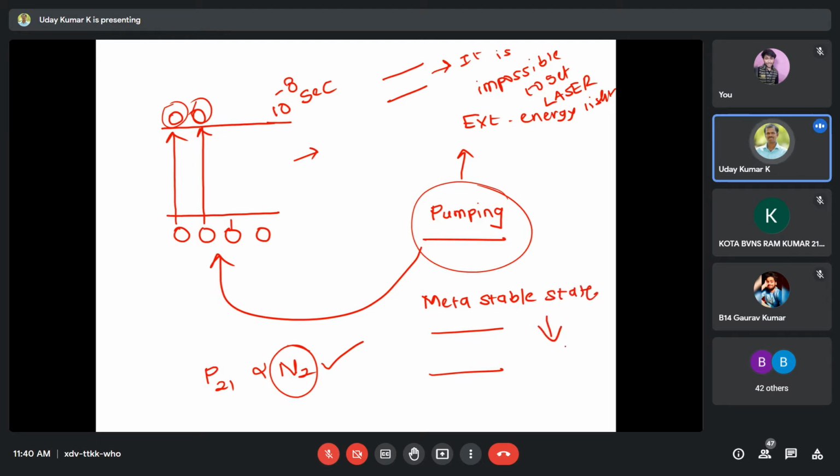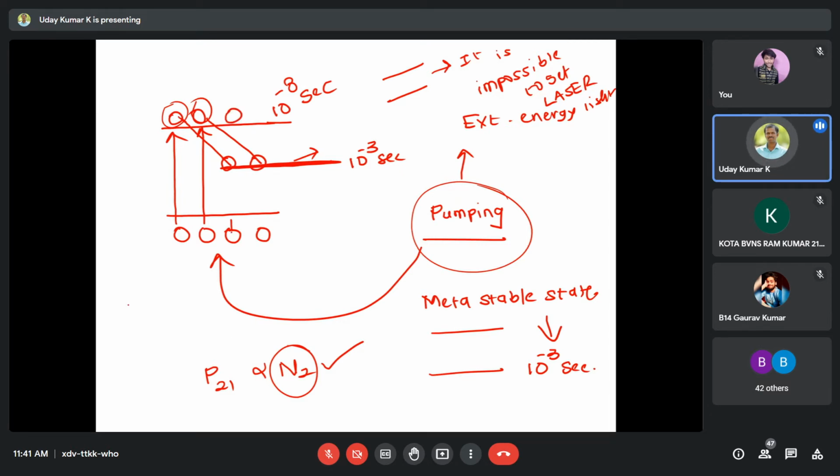What is the advantage of this metastable state? How do you create it? I'll explain in a minute. But this metastable state has a lifetime of something like 10 to the power of minus 3 seconds. Imagine that this is where you introduce the metastable state. Now when you excite these 2 atoms, within no time they try to come down, and they see there is another energy level, so these 2 atoms will come down to the metastable state. Now you send a third atom up.